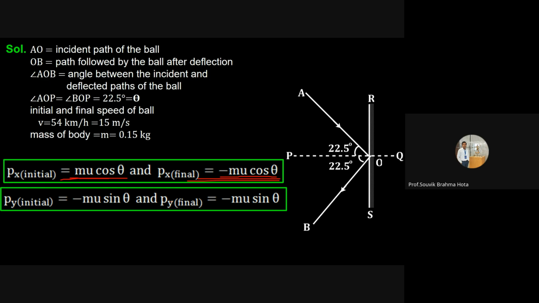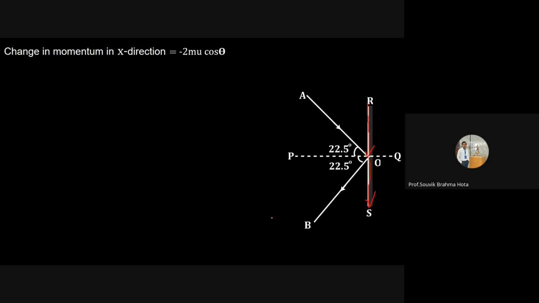And in y, final minus initial is minus mu sin theta minus minus mu sin theta, so these two cancel. So change in momentum in the x direction is minus 2 mu cos theta, and change in momentum in the y direction is 0.